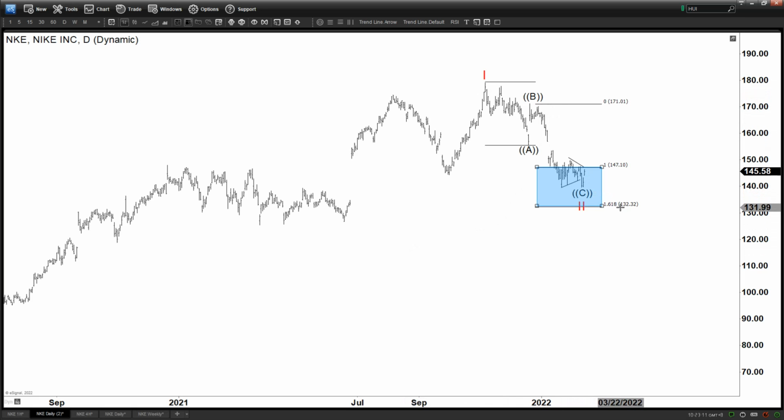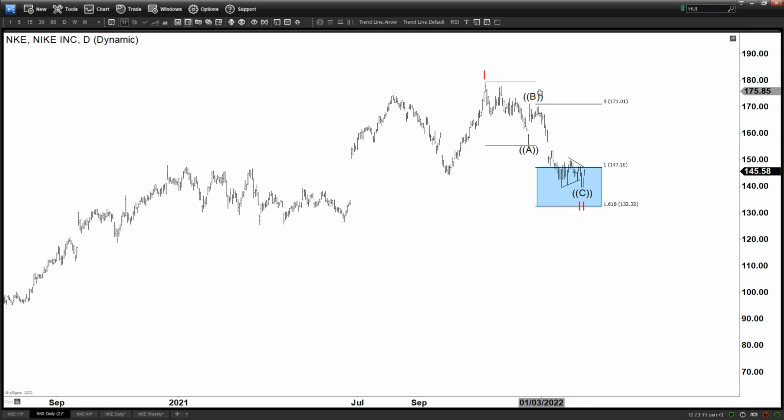Now if it is impulsive, typically what we seek as a guideline is that your third swing hits the 161.8, because per the guideline, wave 3 is usually the strongest. Not a rule, but usually the strongest. And that's a guideline a lot of people misunderstand. They think wave 3 has to be the longest and reach 1.618, when the rule only says wave 3 cannot be the shortest wave.